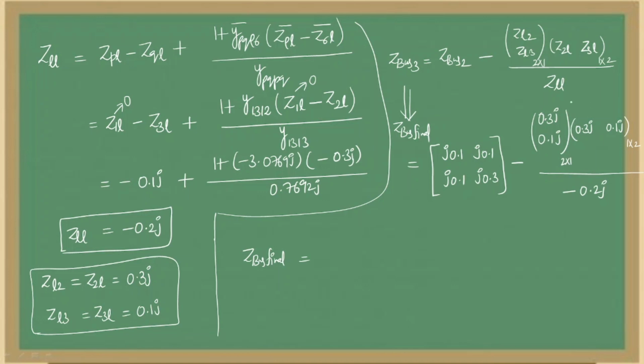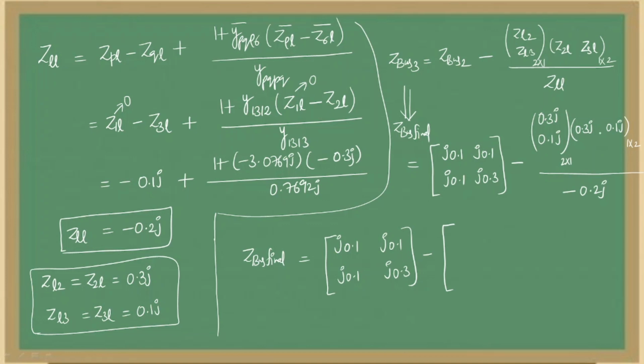and you need to divide each and every element of this 2 by 2 matrix, which is the result of this product, by minus 0.2J, and you will get this value. So let me write this matrix as J 0.1, J 0.1, J 0.1 and J 0.3 minus what is the value of this matrix. Okay, so please find the multiplication of these two matrices.